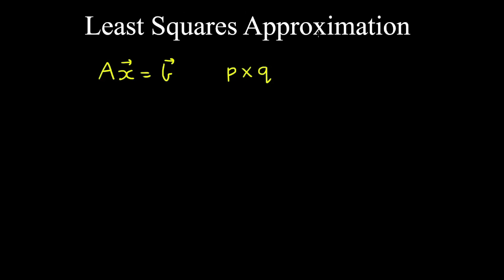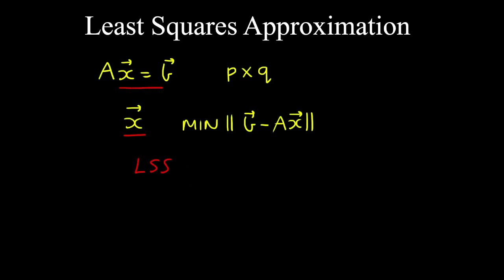So the least squares approximation involves finding a vector x that minimizes the norm of B minus Ax, and this x is called the least squares solution of this system. And B minus Ax is the least squares error vector.